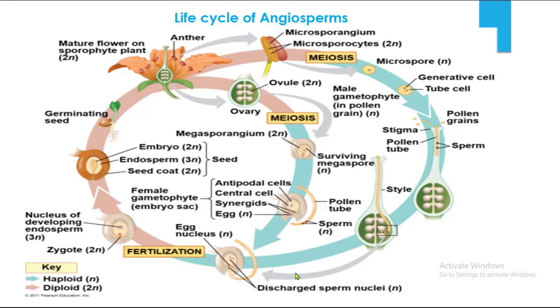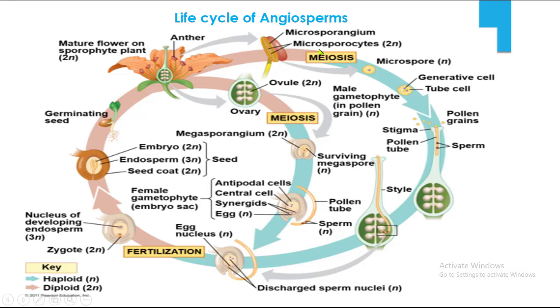Here we go. This is the life cycle of an angiosperm, starting from here. Here you can see a mature flower on the sporophyte plant. The plant is the sporophyte, and on it is the flower. The flower contains both male and female parts.